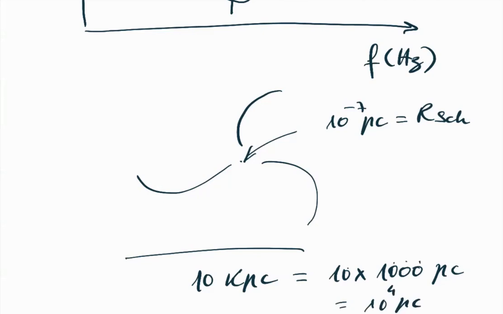So even if the name sounds very intimidating, supermassive black hole, the fact is that these supermassive things are little tiny things from the point of view of a galaxy. They're microscopic things, right? But we don't know why.